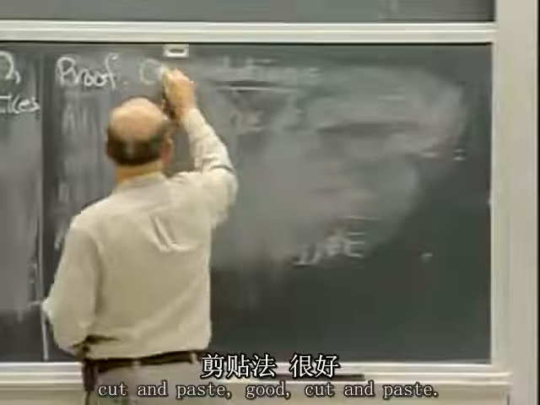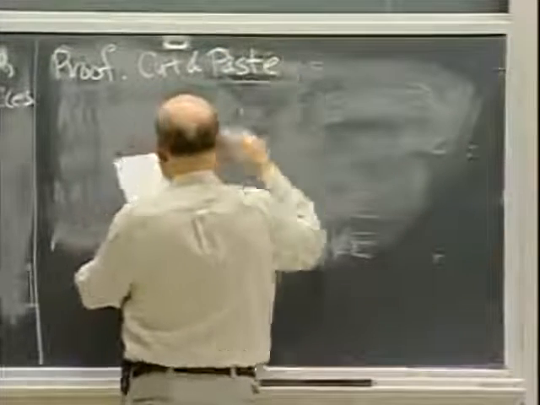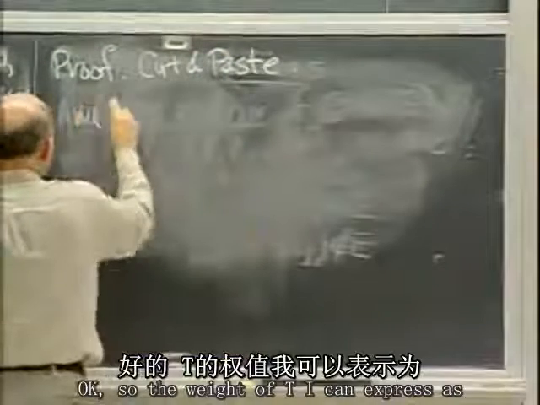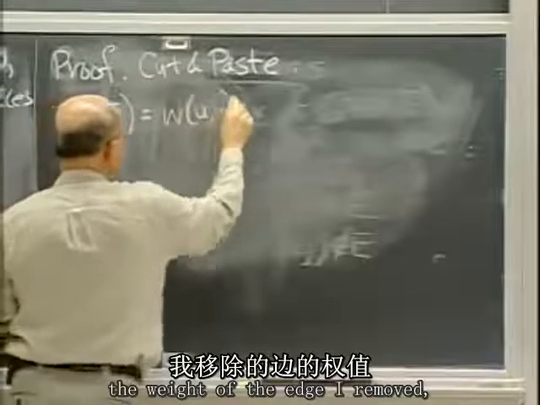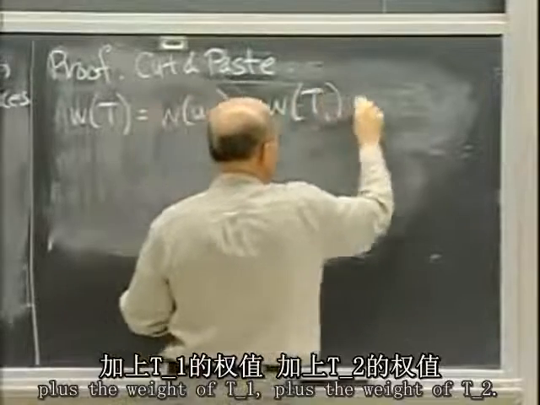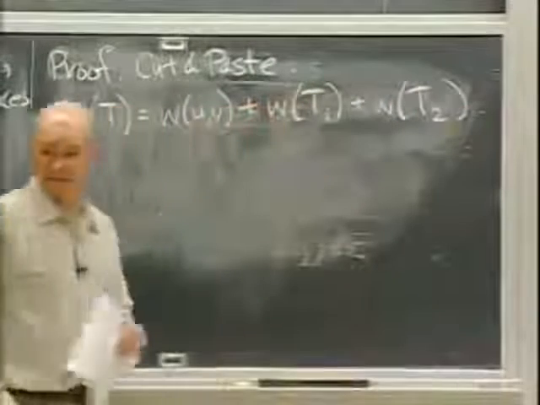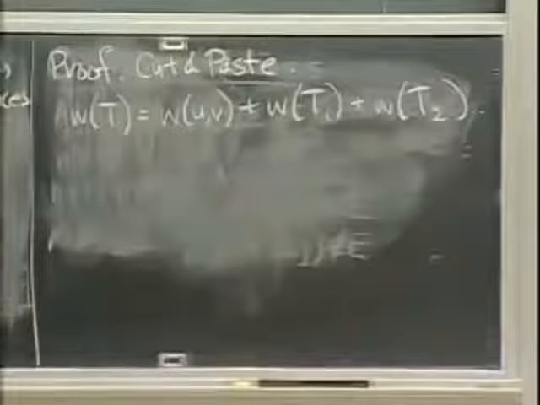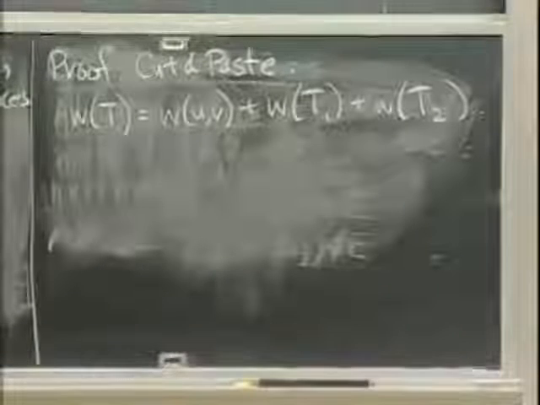Cut and paste. Okay. So the weight of T I can express as the weight of the edge I removed plus the weight of T1 plus the weight of T2. Okay? So that's the total weight.